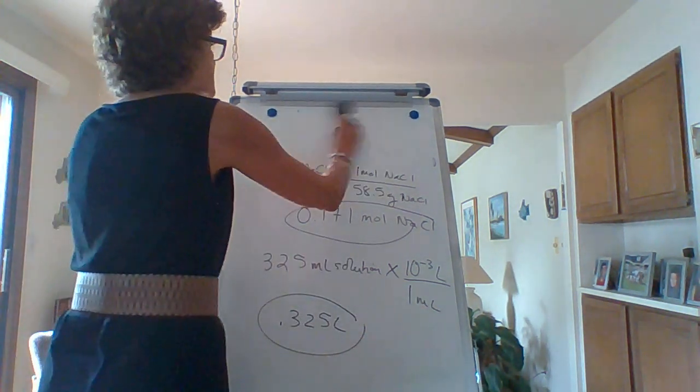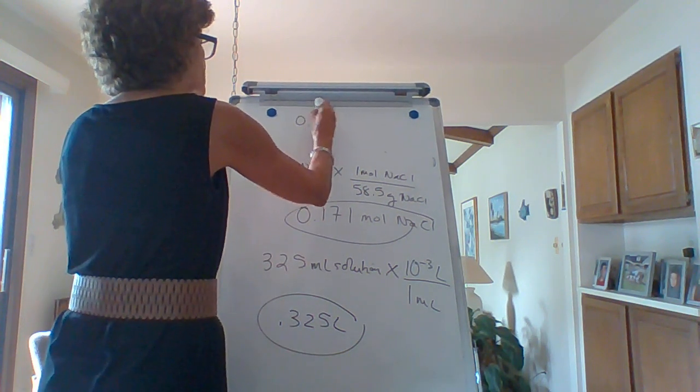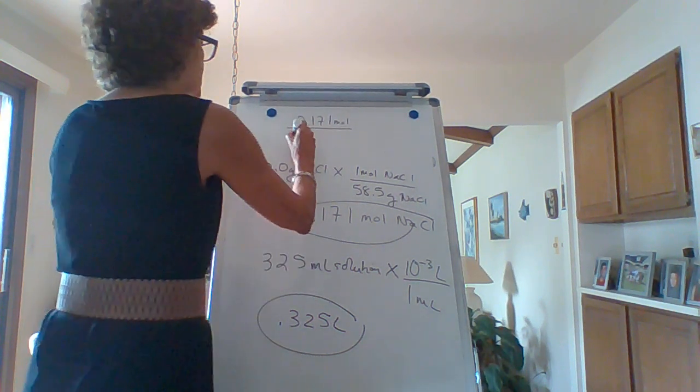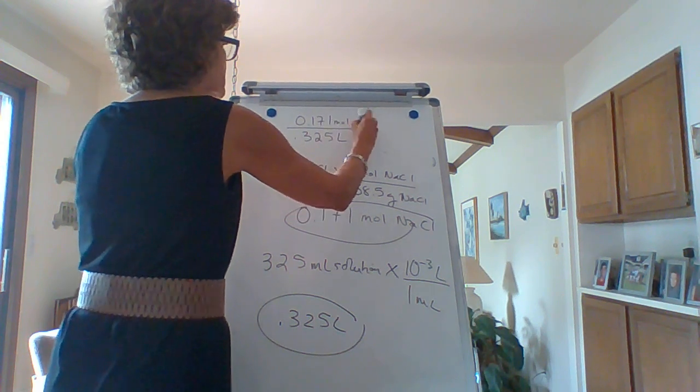So I'm going to erase this over here, the molar mass of sodium chloride. I'm going to write 0.171 moles divided by 0.325 liters.